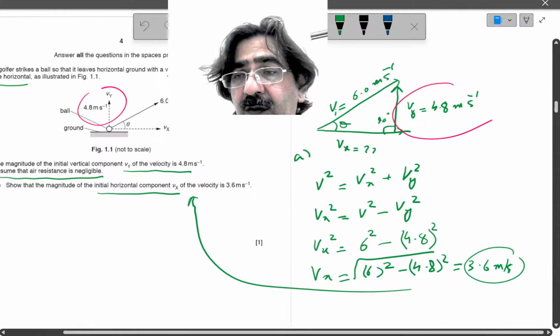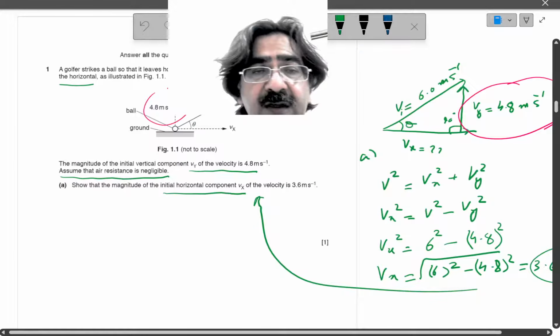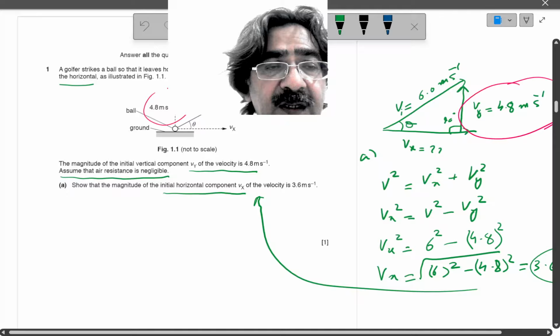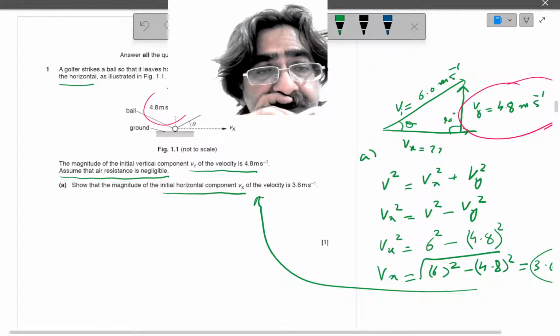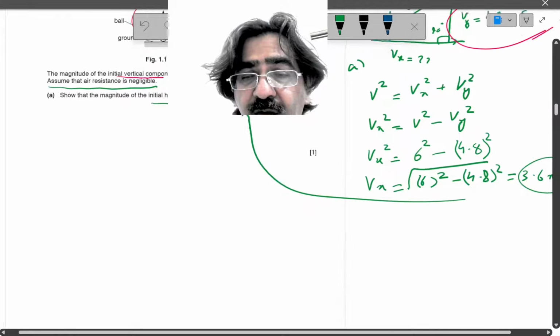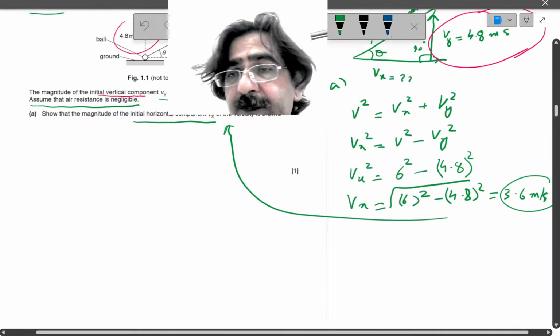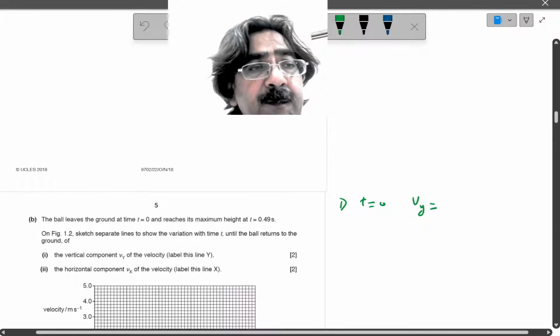This is the initial vertical velocity at t equal to 0.